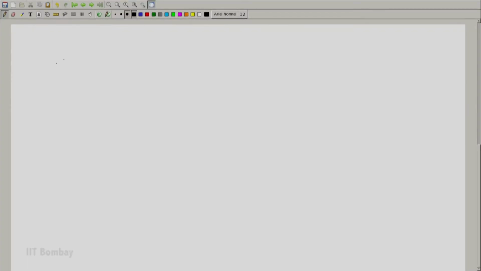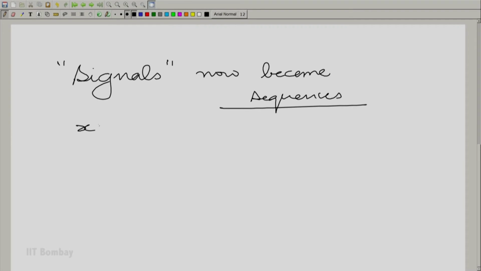So, what I am saying essentially is, firstly we would like to adopt a different nomenclature. Signals in discrete variable we will call sequences. So, xn is the input sequence. Now, the word sequence makes sense because it is a sequence of values indexed by the integers.